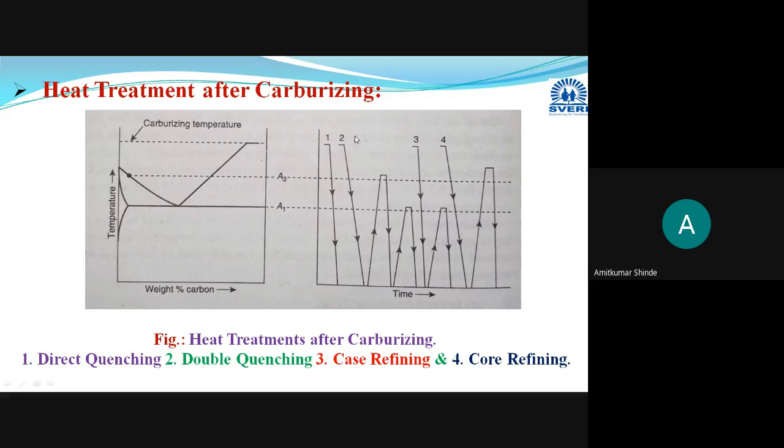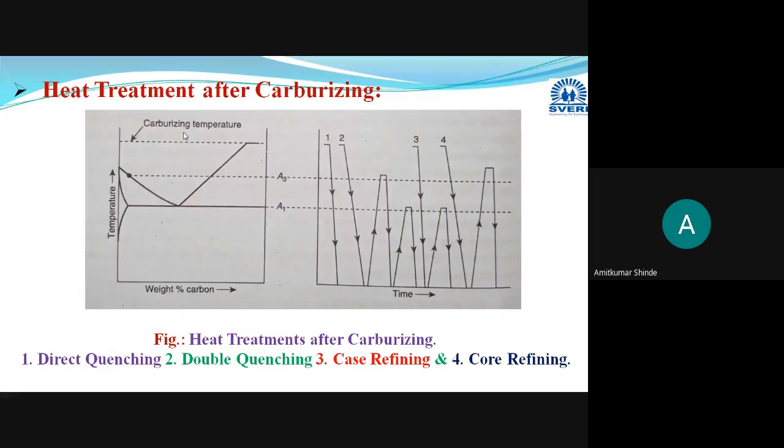Now here you have to take proper care. If the austenite formed at the carburizing temperature is fine, then you will end up with fine martensite on the surface and fine ferrite at the center. And if coarse austenite is formed at this carburizing temperature, then we will get coarse martensite on the surface and coarse ferrite at the center.